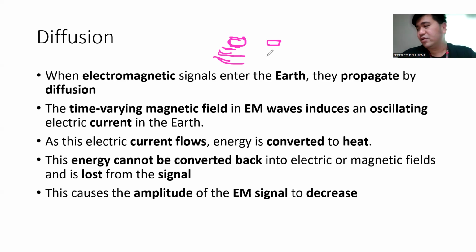So the instrument is usually above the ground, maybe a few meters above the ground or even airborne. You're just carrying the equipment. So initially the EM waves will travel through the air. So you're doing wave propagation.